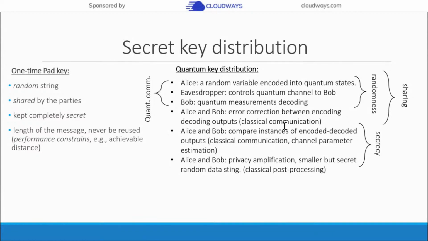So they can basically trace the noise produced by the eavesdropper, how much the states were perturbed.